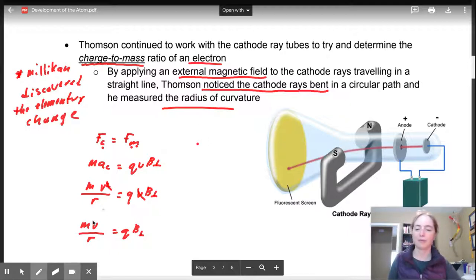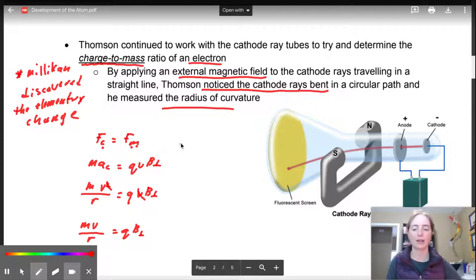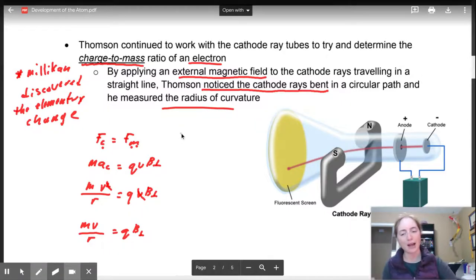And let me go back up and move up here, so I've got some space. There we go. Well, the thing is that we want the charge to mass ratio. So we don't want just q, and we don't want just m, we want q over m. So we need to rearrange this so we get q over m.